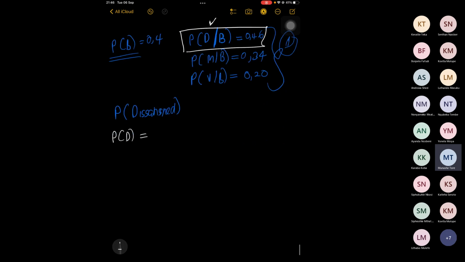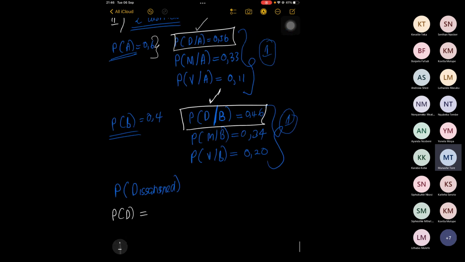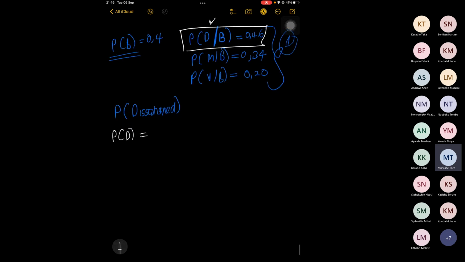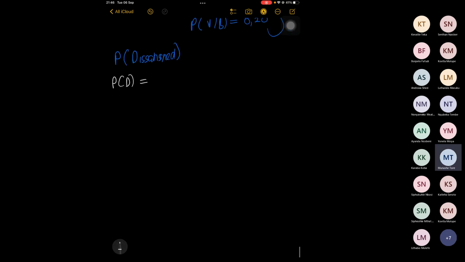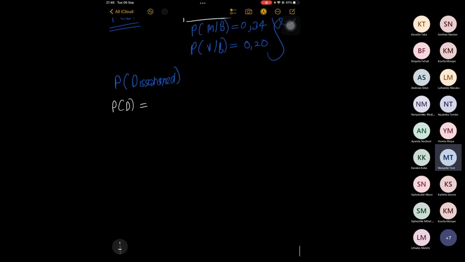In mathematical terms, you have probability of D given A, which is 0.56, then you have probability of A as 0.6.